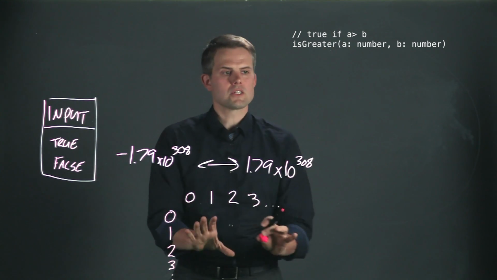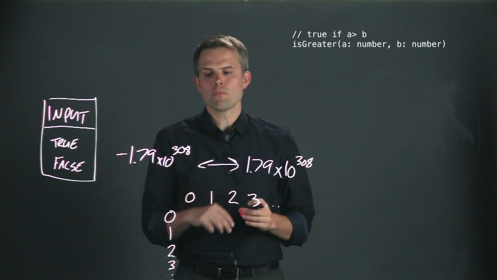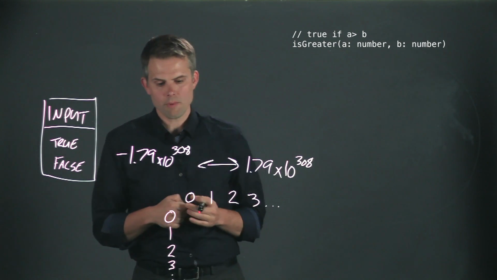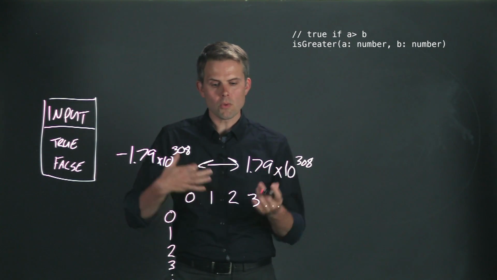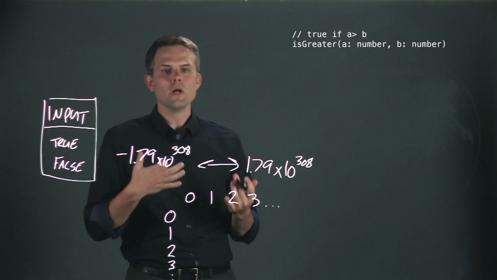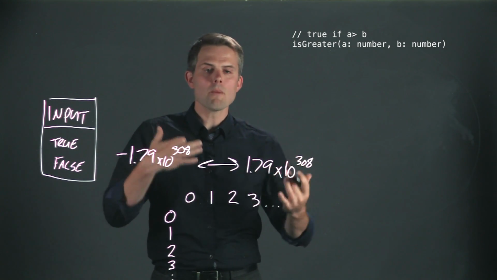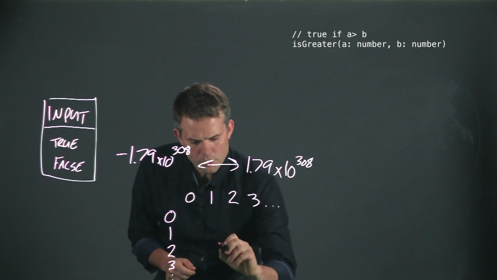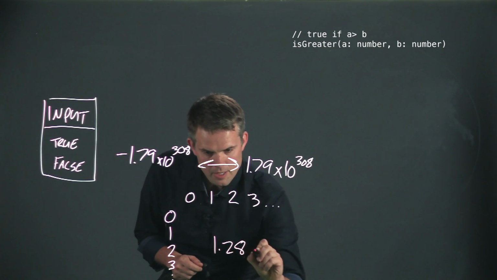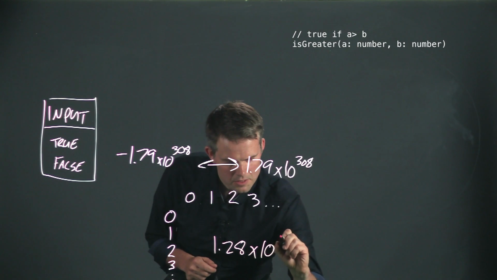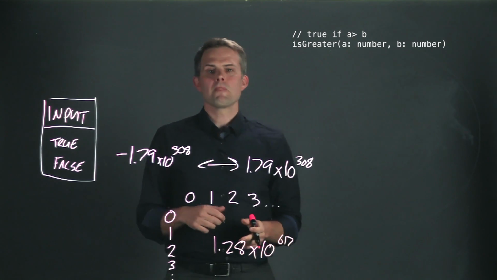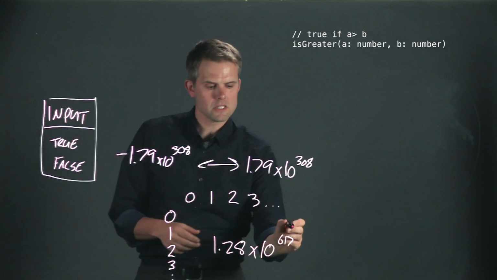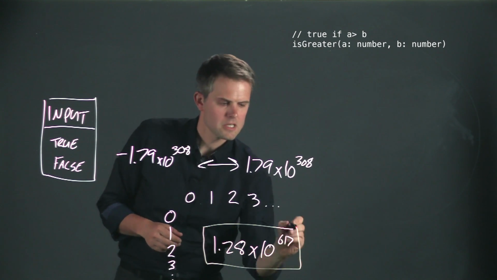And this is only the positive numbers. It also has to go down to negative 1.79 times 10 to the 308th power. So when we build out this table, we have an absolutely phenomenal number of combinations of inputs that need to be considered. What this really works out to is 1.28 times 10 to the 617th power. There are a lot of options that need to be considered to exhaustively test isGreater.